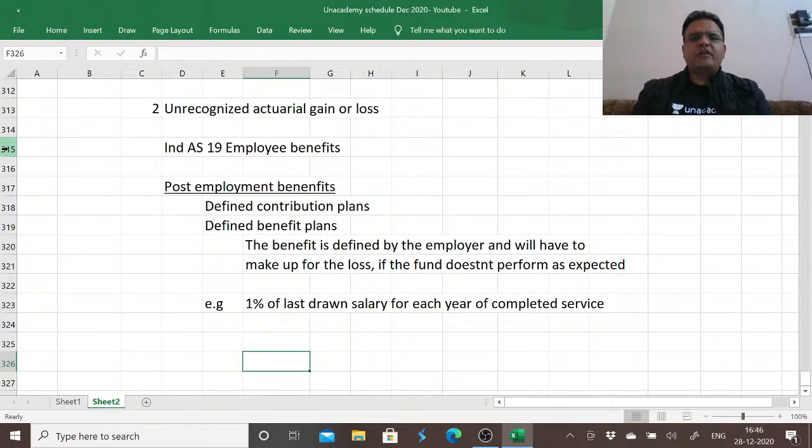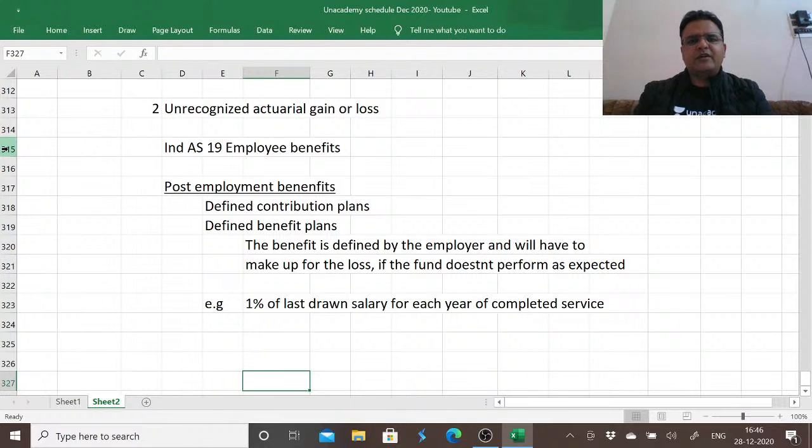So when we are accounting for defined benefit plans, we'll be able to account for the liability first time with the help of an actuary who will give us the fair value of the liability which we need to create, and will also contribute to a fund. Now this liability will be increasing with the interest expense over the year. This fund will be increasing with interest income over years, will be contributing to the fund every year, and this liability also increases as the employees complete years of service.